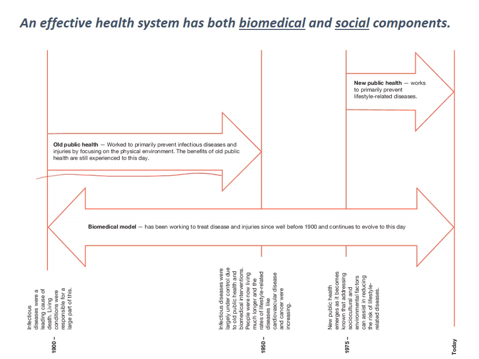We've also now got what we call new public health, which emerged in the 70s in response to our lifestyle-related diseases, things like obesity, lung cancer from smoking, certain types of cancer from alcohol use, from diet, from not having enough exercise.